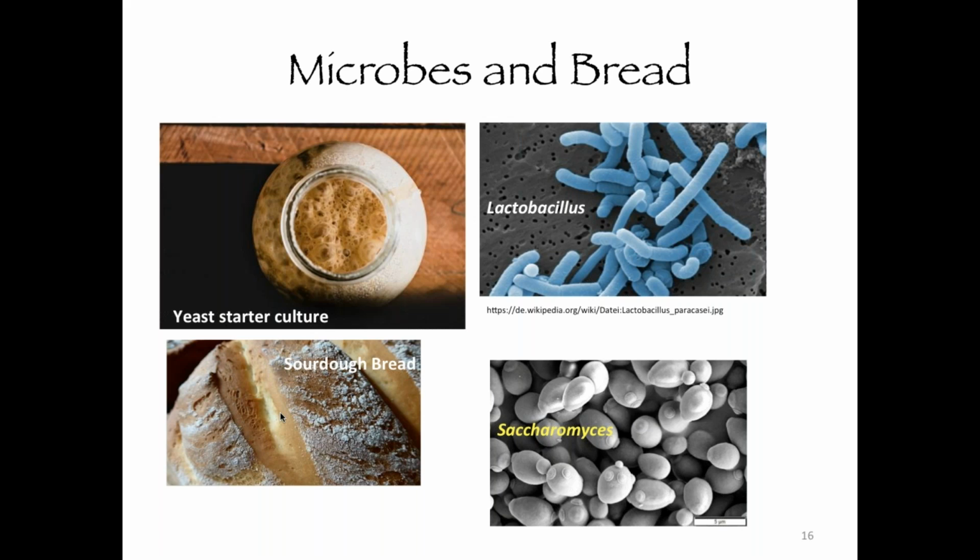What they found was that the hands of the bakers were contributing to the starter culture. The other factor appeared to be the environment in which the starter culture was made. So they also found that different microbes were present in different regions, and they could show this by doing a global analysis of starter cultures.